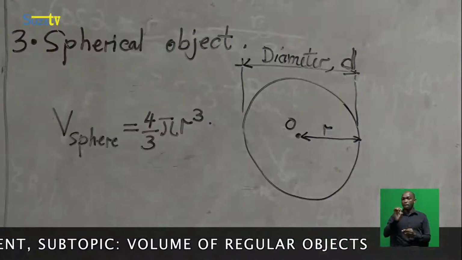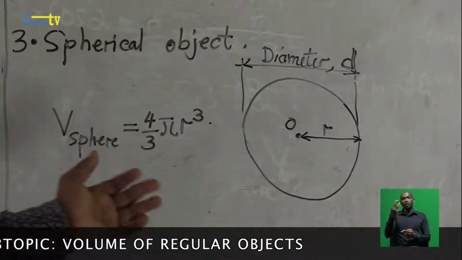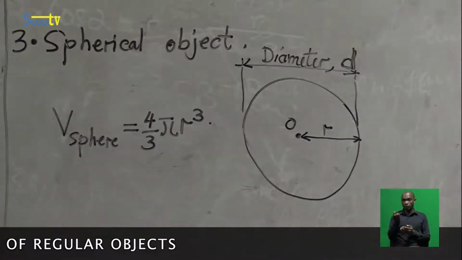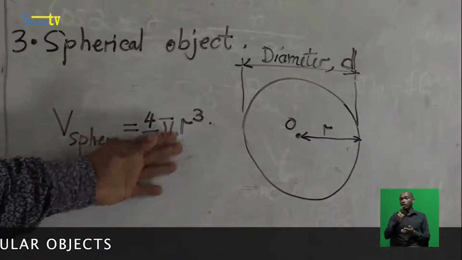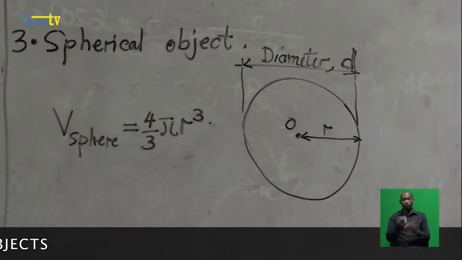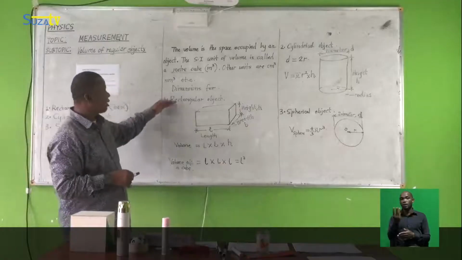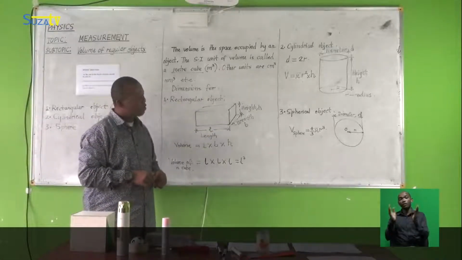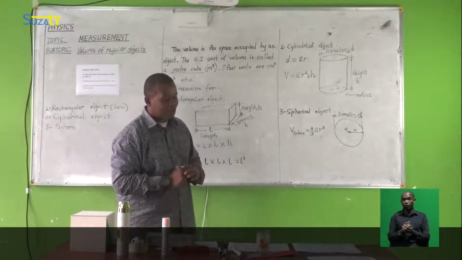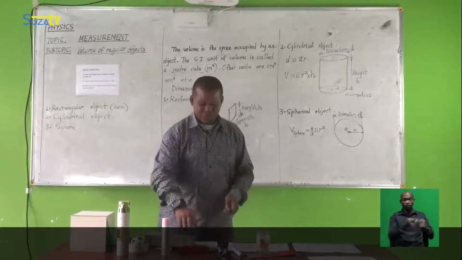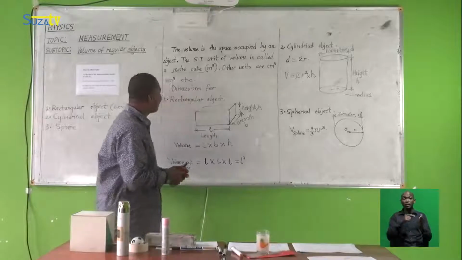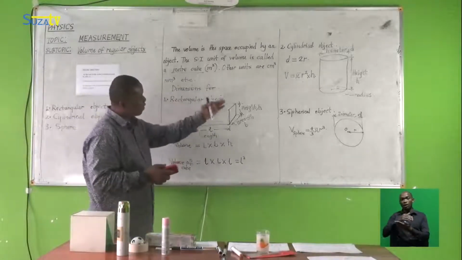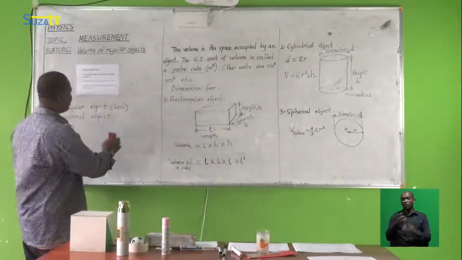What is r? r is the radius, which is half the diameter of the sphere. So that is the radius. So from those three objects, the rectangular object, the cylindrical object, and now the spherical object, we have to move on to see certain examples on how we can use one among the three formulas.